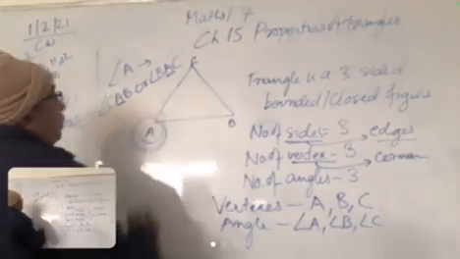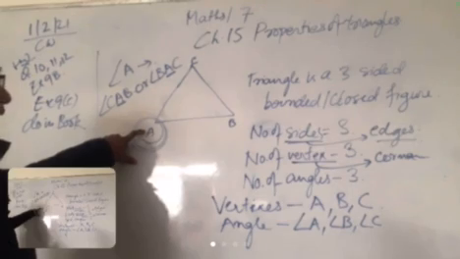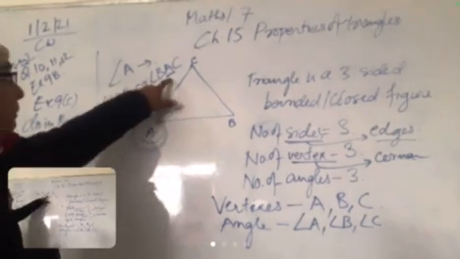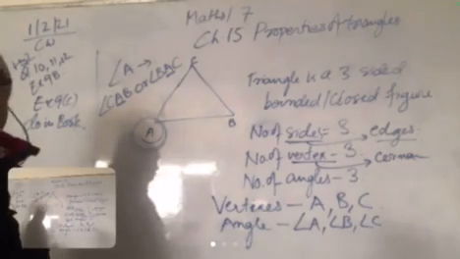In both cases, if we want to represent angle A, then angle A must be in between the other two vertices.